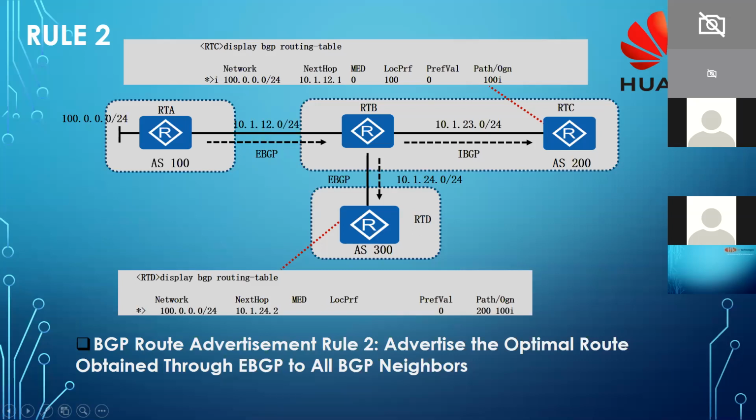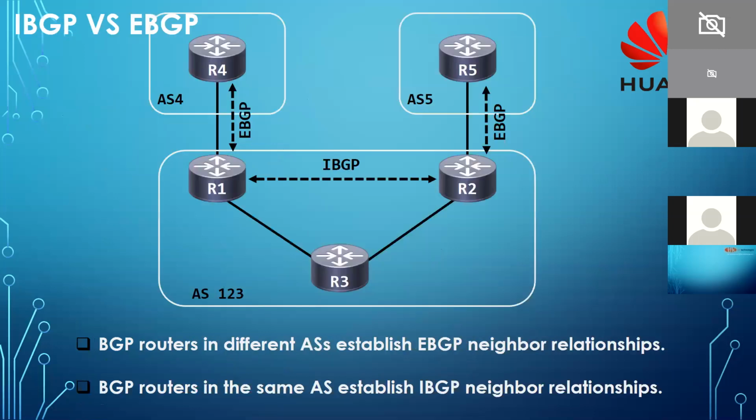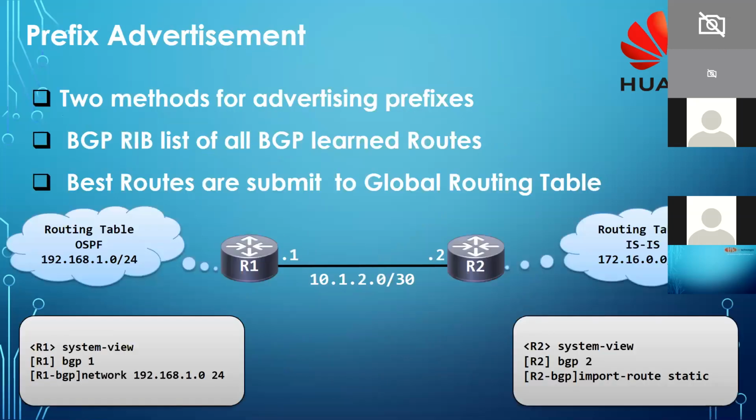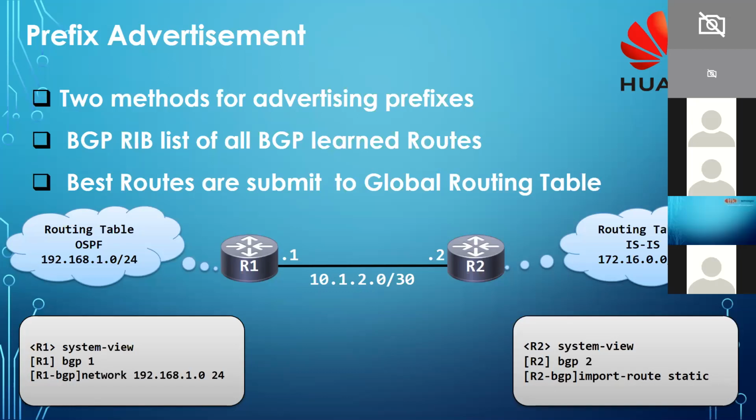Okay, and when we use the network command to share additional network segments, do we need to use public IP addresses also, or can we use private network segments? If you run BGP inside your organization, you can use what you want.